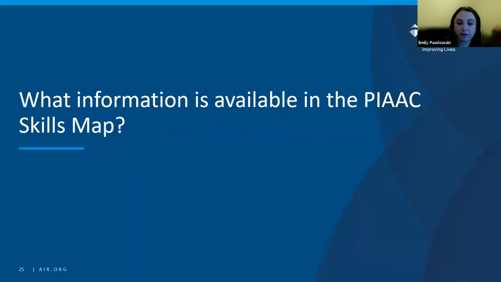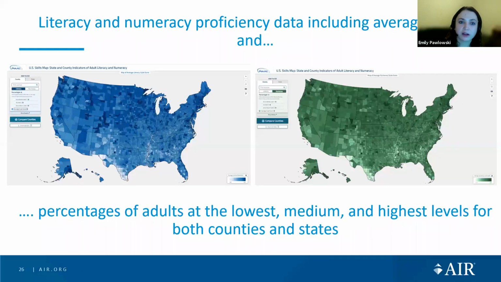So looking at the information that's available in the PIAAC Skills Map, there is literacy and numeracy proficiency data, including average scores, as well as the percentages of adults at the lowest, medium, and highest levels for both counties and states. Those are the proficiency levels that I described earlier, and the results are reported in the skills map at that level.